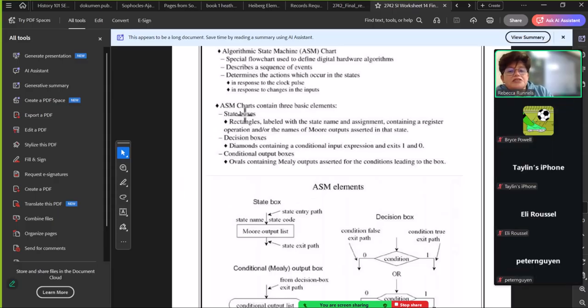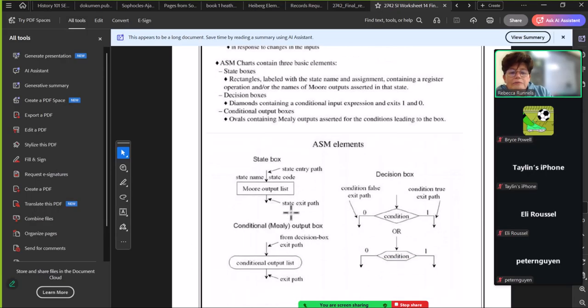You have boxes that refer to the states. They're rectangles labeled with the state name and assignment. You can have your state name. You could also have your state code. If it's a Moore machine, you could have your output list there.